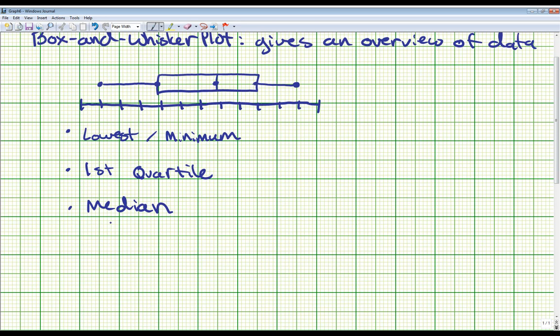The next dot here is our third quartile. And the last dot is going to be our highest number on our list. And another way of saying the highest is the maximum on the list. So if I have a list of numbers, I can find all 5 of these and I can make a box and whisker plot with it.